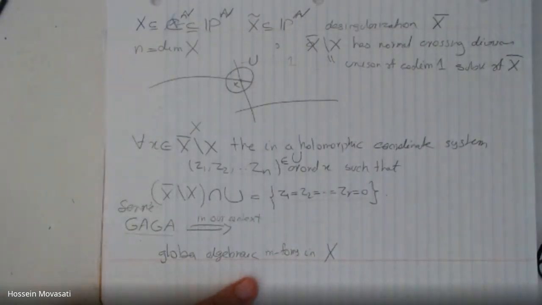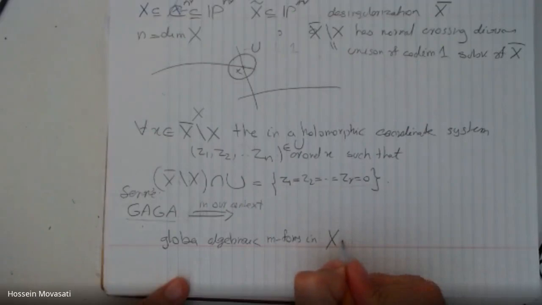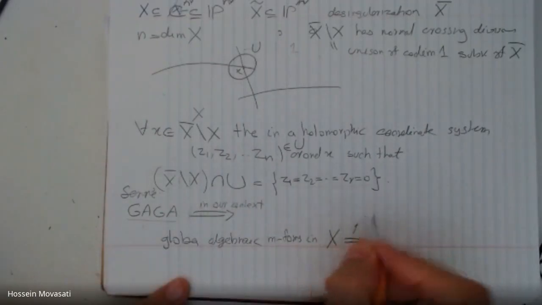First of all, algebraic N-forms in X, in the affine variety, since they are algebraic, this is automatic. This has nothing to do with GAGA.